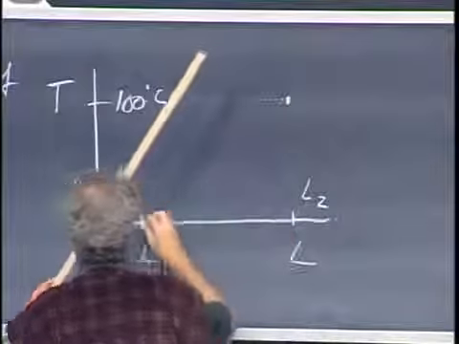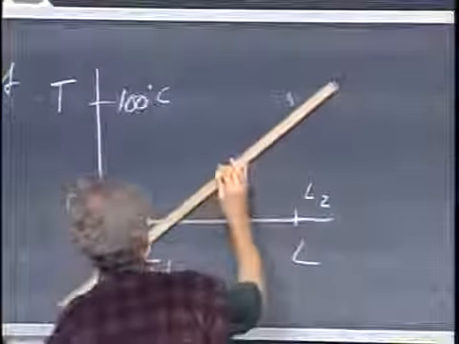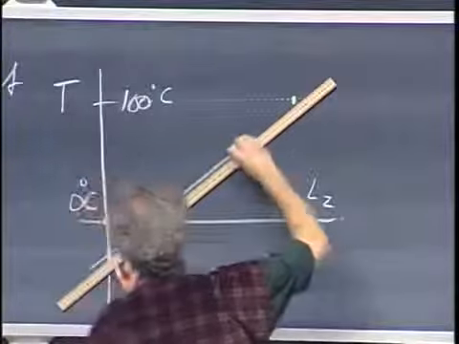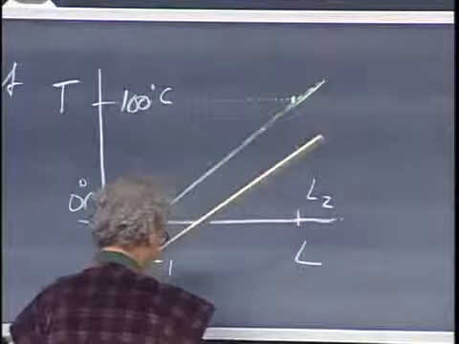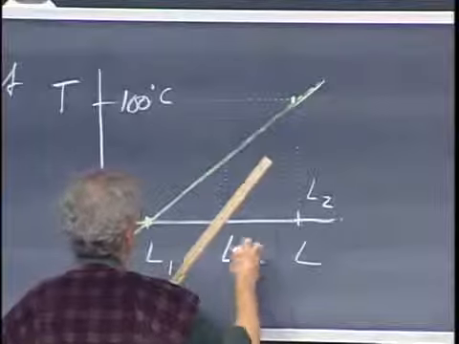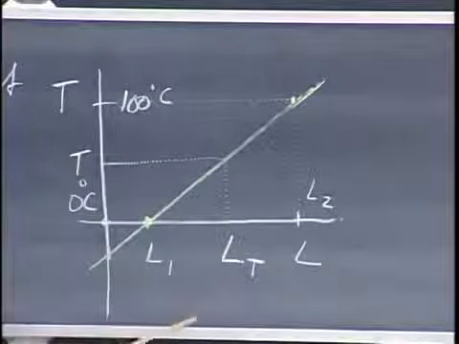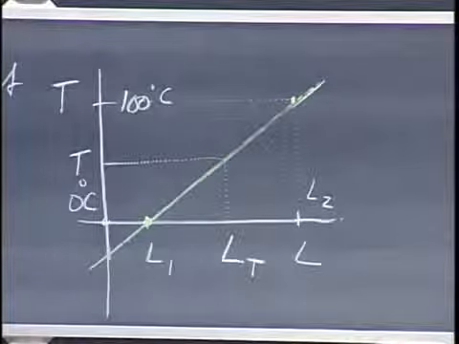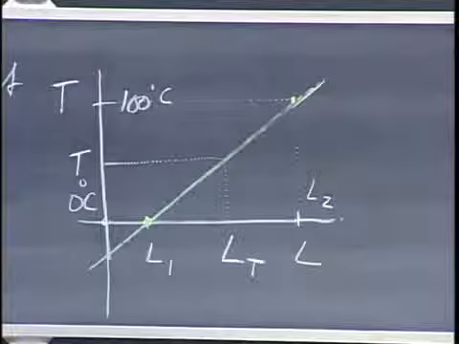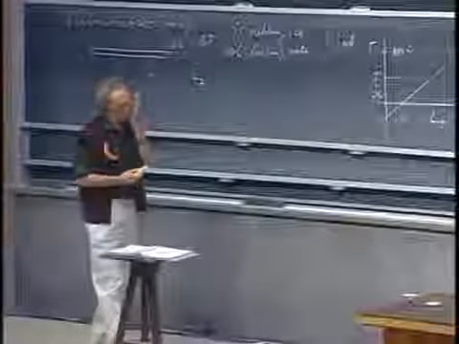And you can define temperature now by saying, if my bar has this length, L of T, then this would be the temperature. So you can introduce a linear scale in this fashion, and this thing, in principle, could act like a thermometer. I'll show you a demonstration of this shortly.